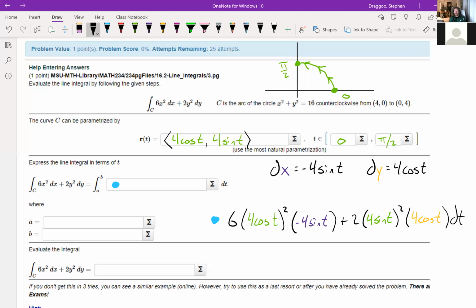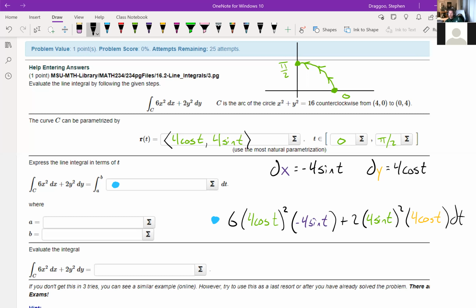But this problem has already separated those steps out for us. So it's already separated it into a dx term and a dy term. So we don't need to go through the process of solving for ds. Presumably that process has already been taken care of for us in this separation. So all we needed this time was dx and dy instead of having to solve for that ds thing from last time.